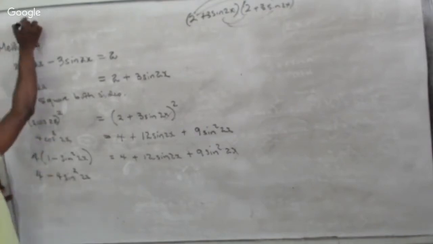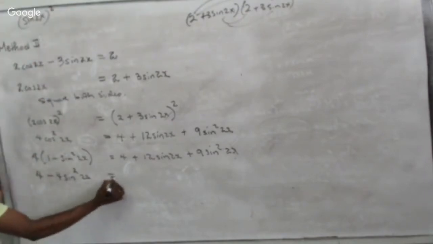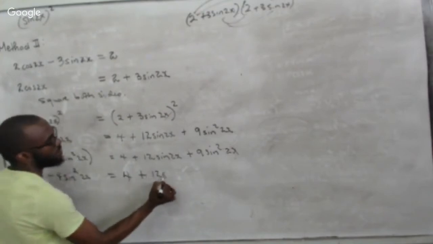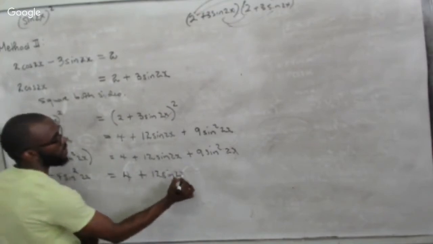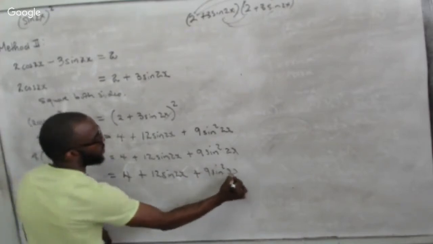Naturally, that's the same thing as writing sin 2x in brackets squared, equal to 4 plus 12 sin 2x plus 9 sin squared 2x.